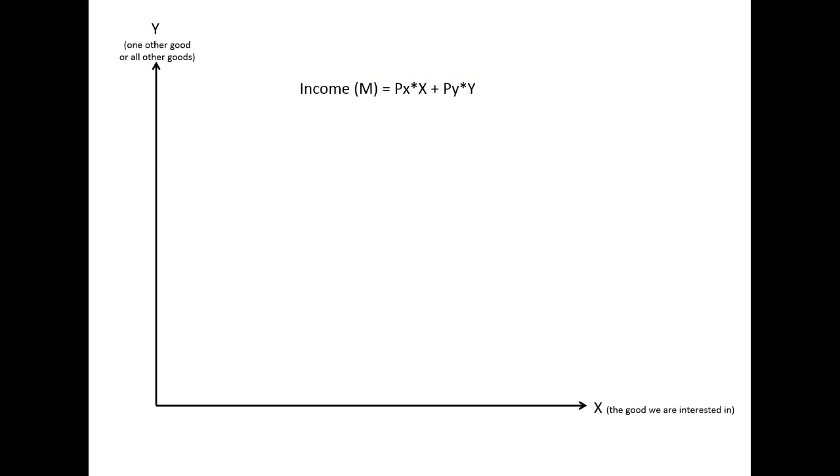To be able to draw this in this graph we have in front of us, we have to rewrite it into a straight line. So we make Y as a function of X, and therefore we will have the vertical intercept here, the income divided by the price of Y, which gives us the maximum amount of Y that we could buy.